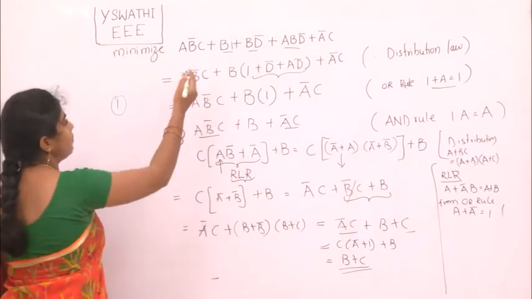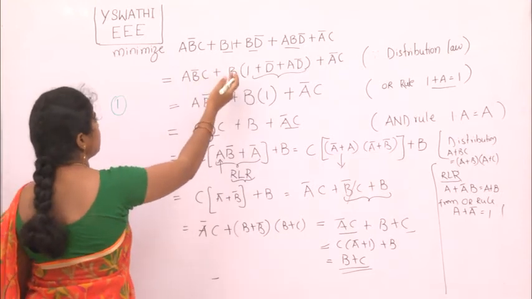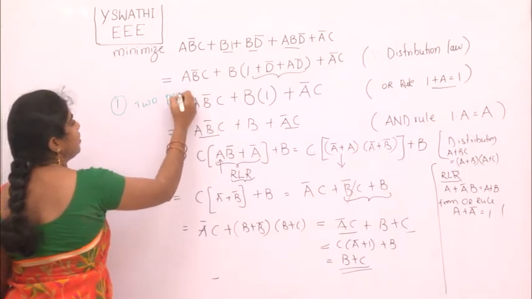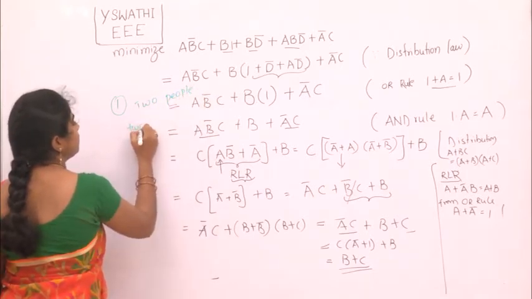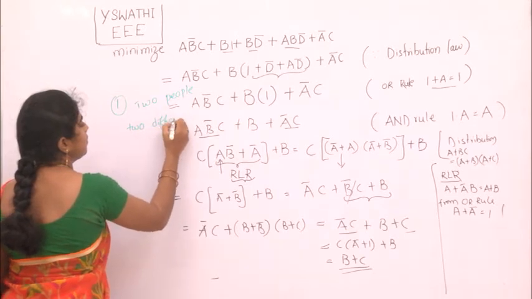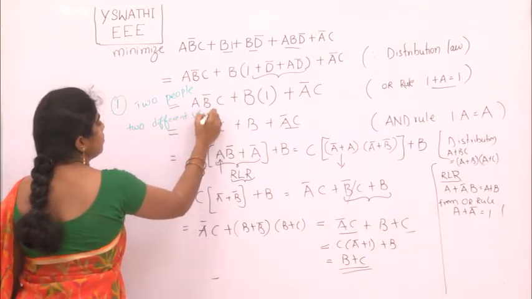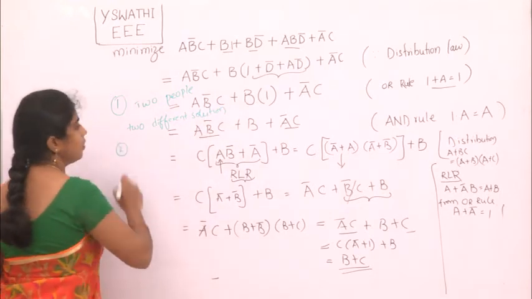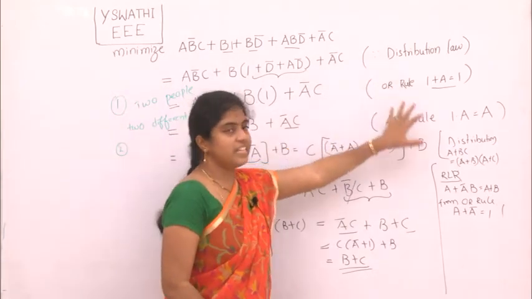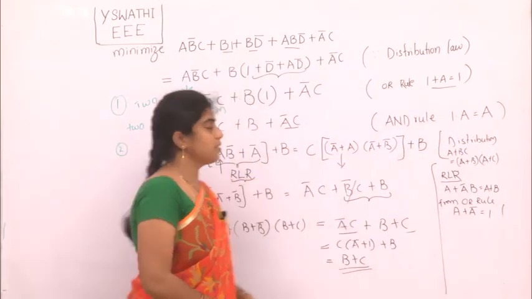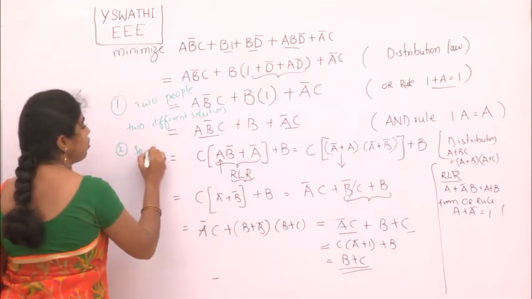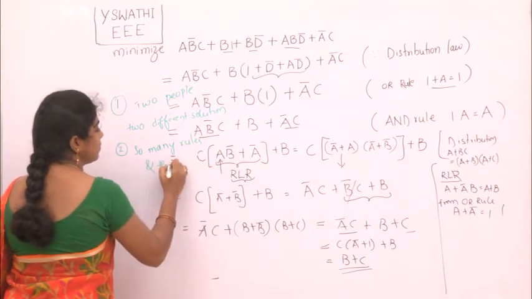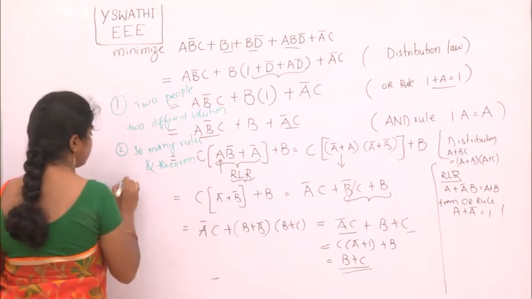So while solving a reduction, two people can end up with two different solutions, because there is no certain procedure. Also, you need to remember so many laws and theorems, which is difficult.